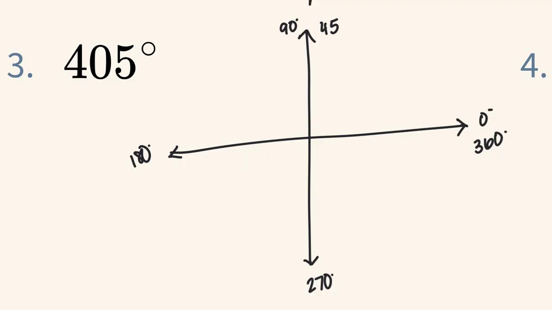So I know that 405 is going to be in between 360 and 450. What is that going to look like? I'm starting at my initial side, and then I'm going to go around past 360 to somewhere in between 360 and 450. Okay, so this is what it should look like. Yes, I did a swirl because I'm going past 360 and I'm stopping somewhere in between 360 and 450.